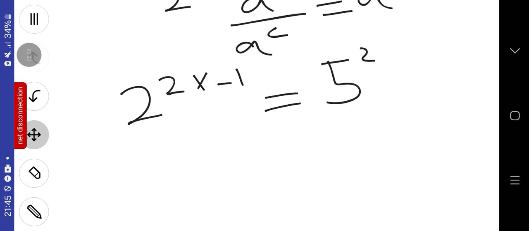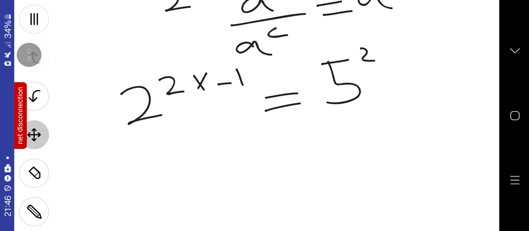At this point, we have two different bases carrying exponents. Because the bases are not the same, we cannot apply the equality of exponent property. Since we cannot apply this property, we apply log.